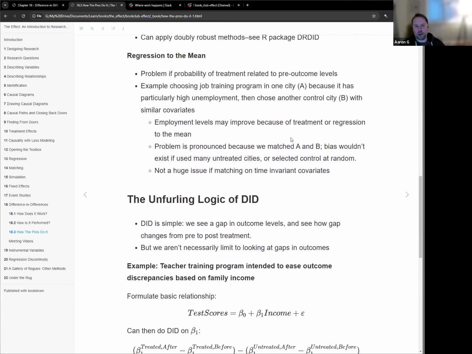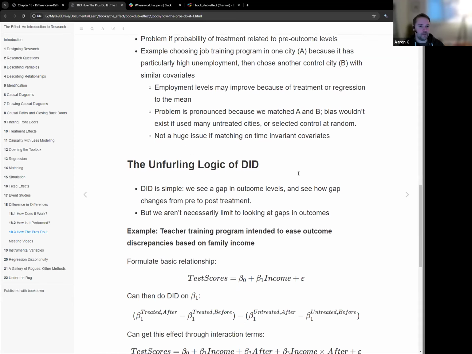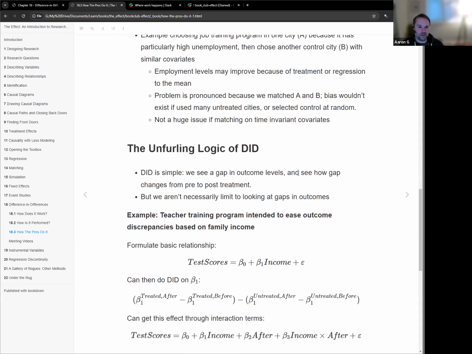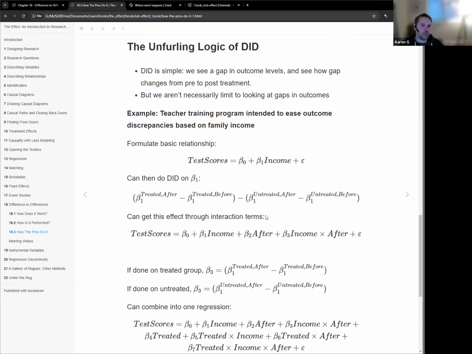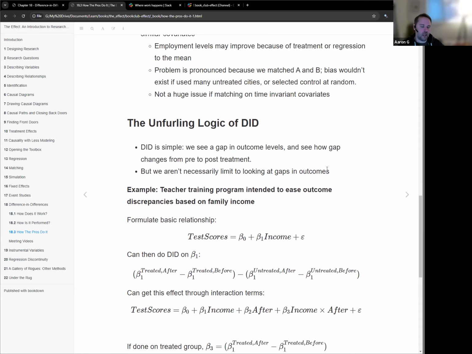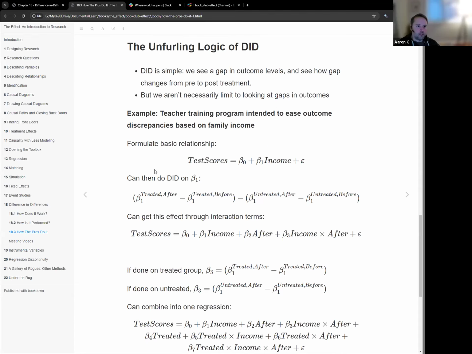And by the way, the regression to the mean issue I would think would also apply if you're doing an event study too, right? Where you don't have a control. When you're selecting a group just because you're looking at the outcome pre-treatment, that can be a problem. And so again, with DID, you might be measuring not only the treatment effect, but also just random noise.